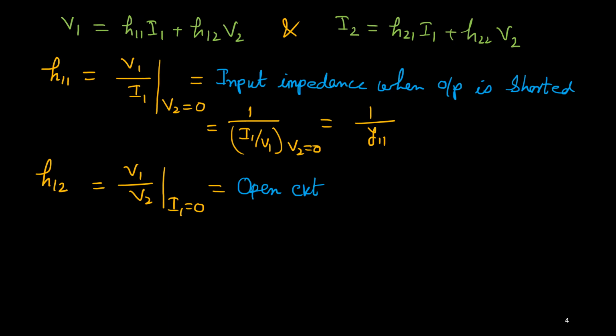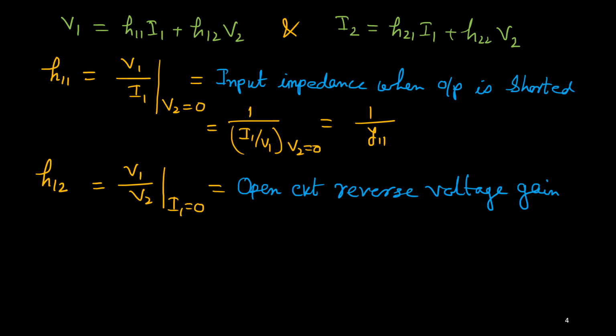So it is open circuit reverse voltage gain. And we can't relate this directly with Z or Y parameters because it is neither an impedance nor an admittance. It is a voltage gain. So we can find these things in a different way.